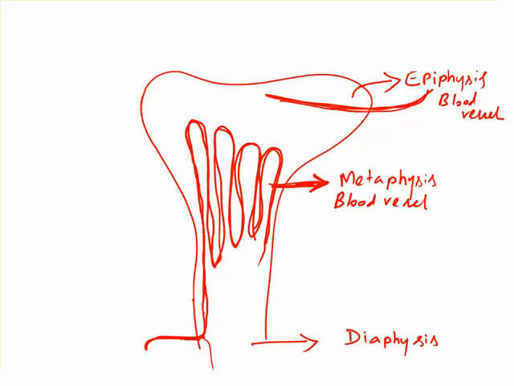If the person is having an infection in any part of the body, there is always a high chance that the bacteria can travel in the blood and reach the bone. For example, this blood vessel contains bacteria. It is traveling and it goes to the metaphysis.